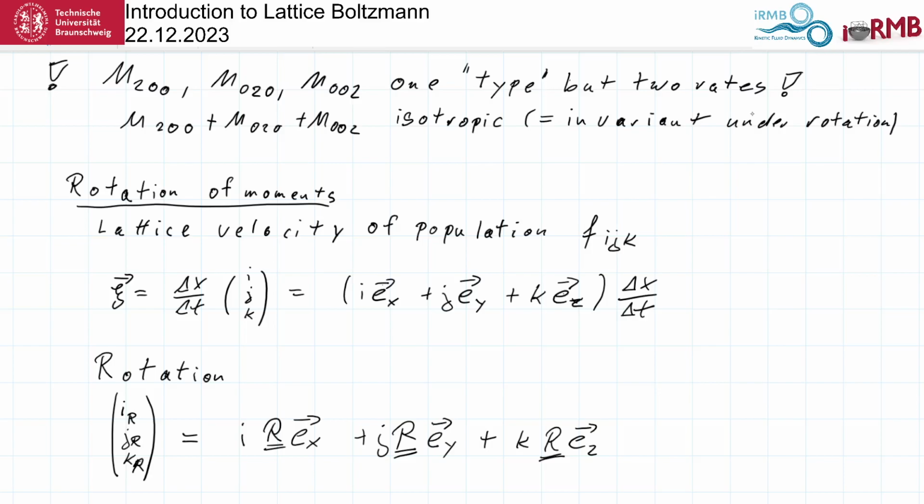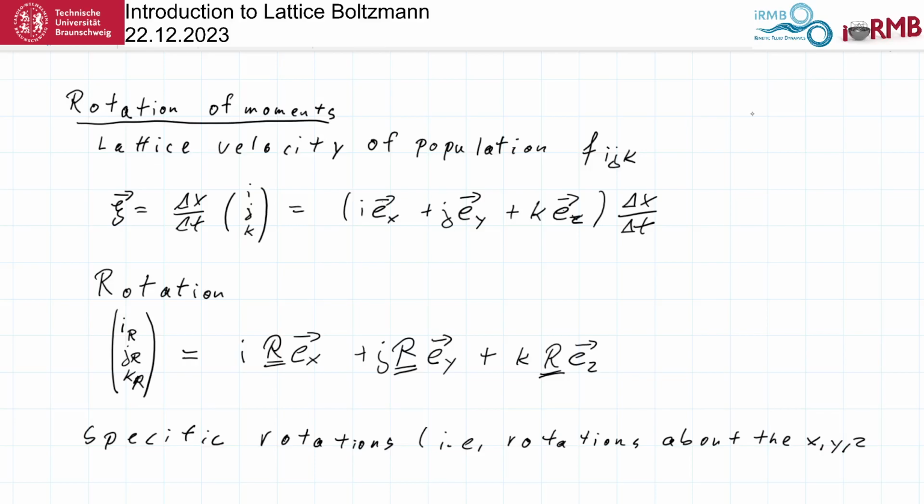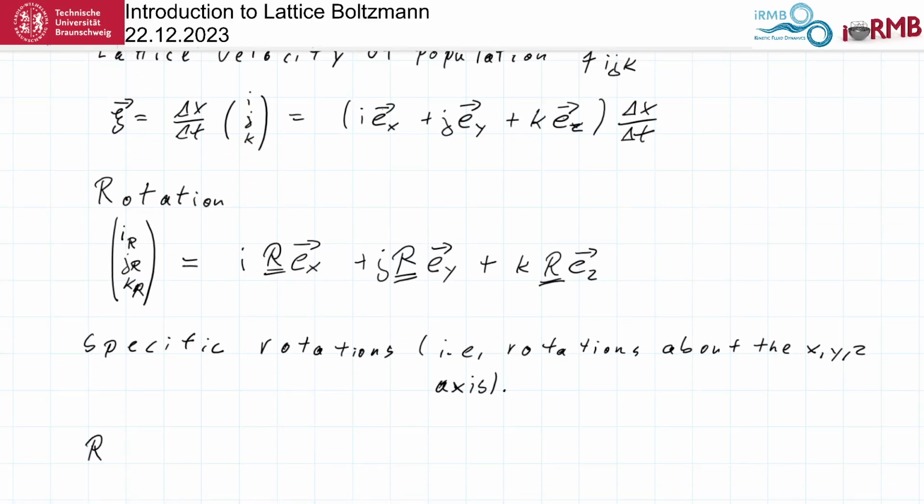So how does a rotation matrix look like? It can look different ways. I'm just giving here 3 specific rotations, which are relatively simple, namely the rotations about the x, y, z axis. If you are not familiar, just look it up in a math textbook or online.